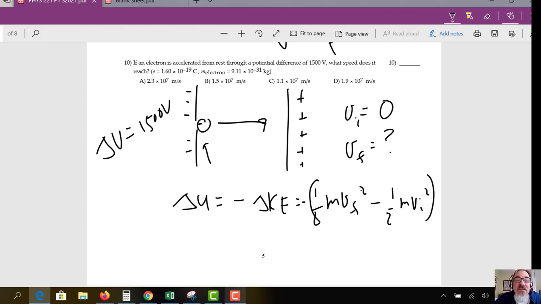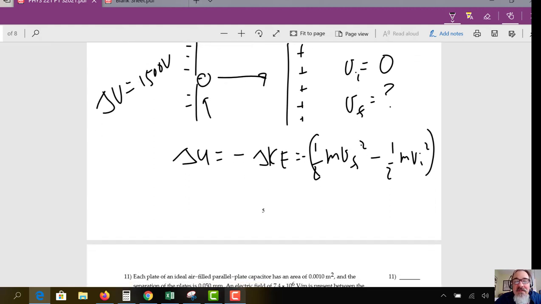Now if you went from the positive plate to the negative plate, and they set a potential difference of 1500, then it would be technically minus 1500. If you don't get the sign correct, you'll see later that you must have had something wrong, because you'll be trying to take the square root of a negative, and that won't work out for you.